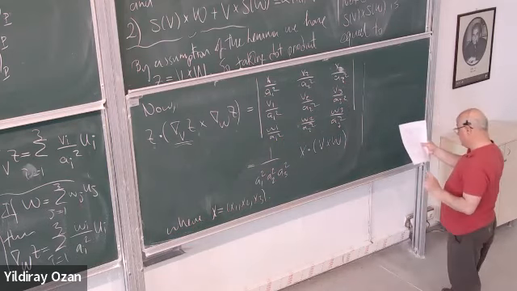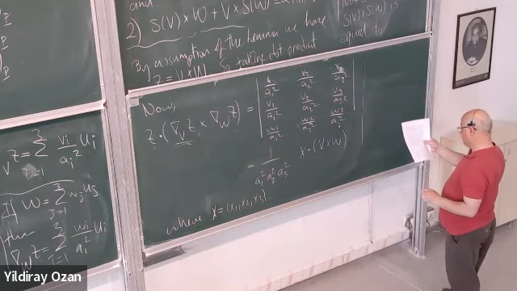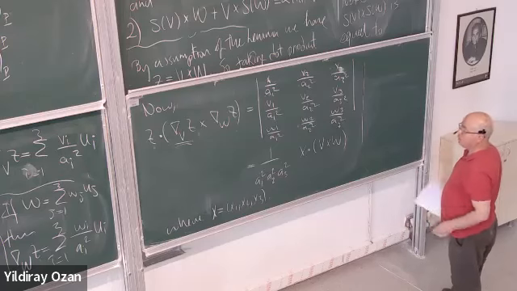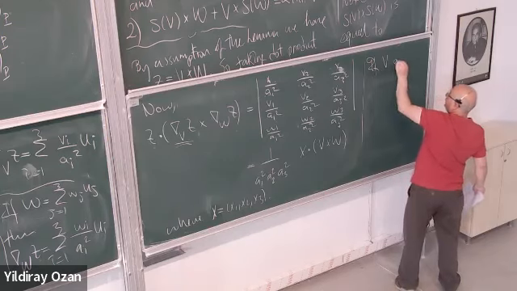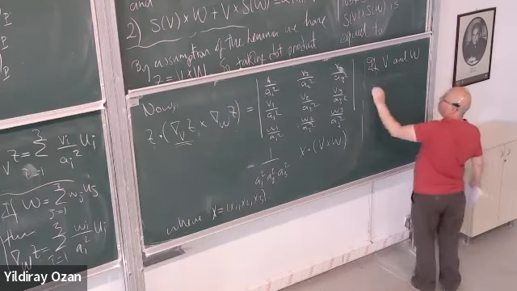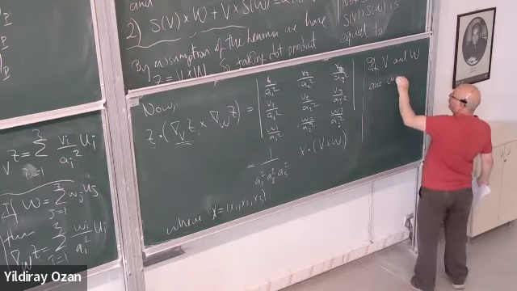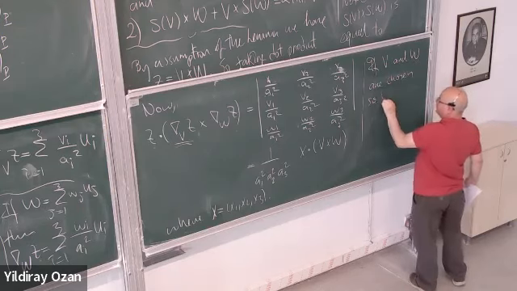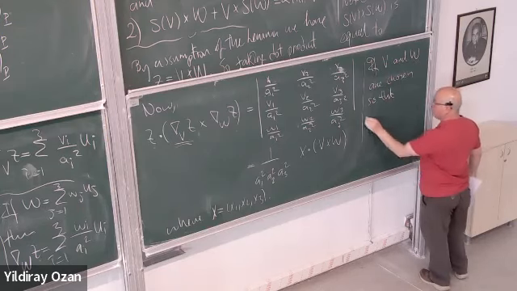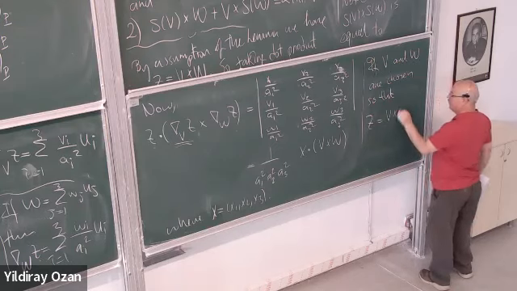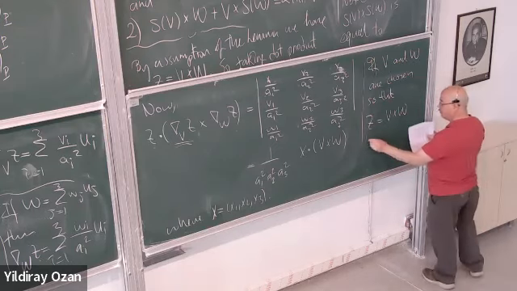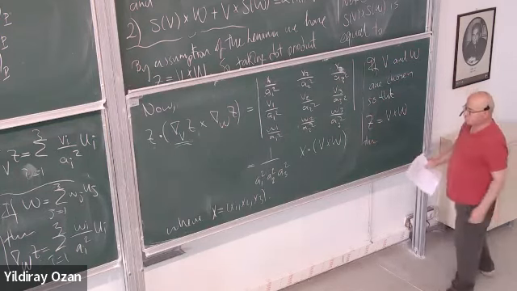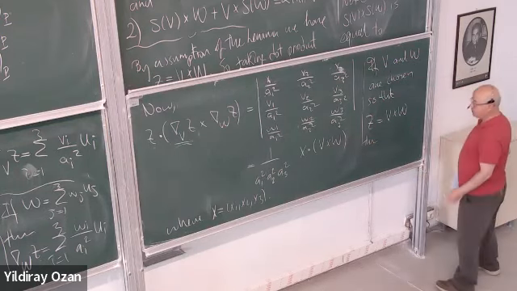And note that if v and w are chosen so that their cross product is z, then what will be this expression?